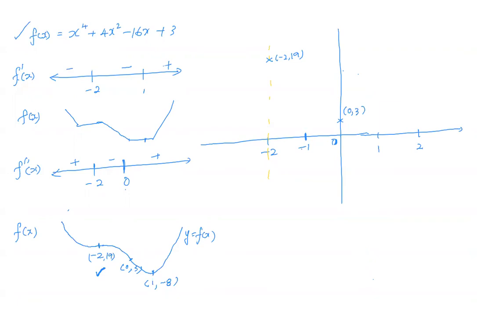So now I make a line here again as a guideline. When you sketch a graph, you must have a lot of guidelines. This is not a vertical asymptote, it's a guideline. So it passes through here, around here, and this point is 1, -8. Now I can draw my graph.